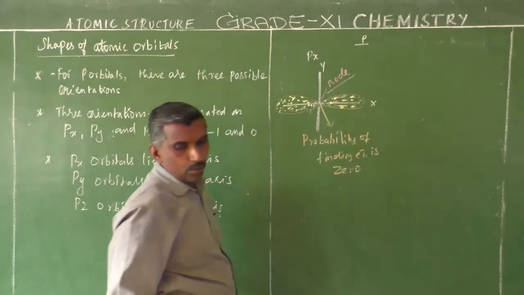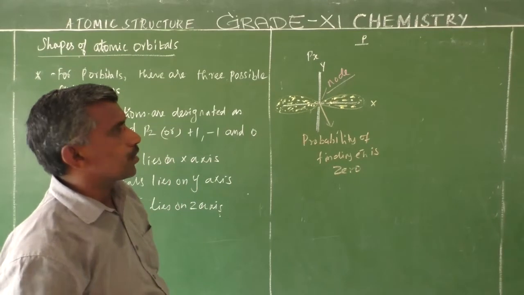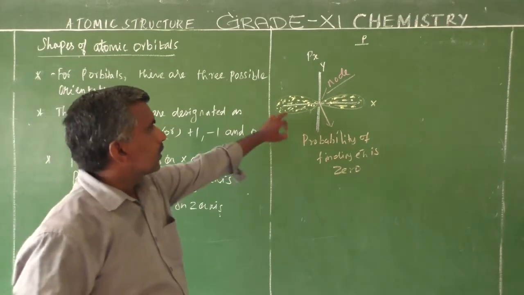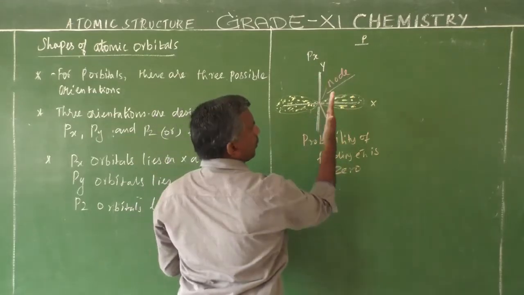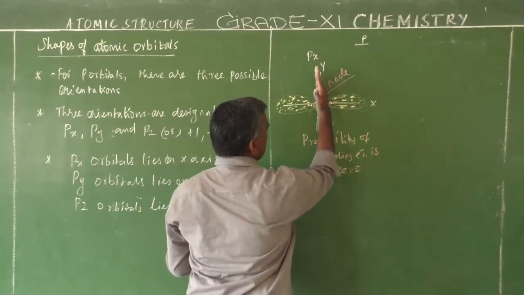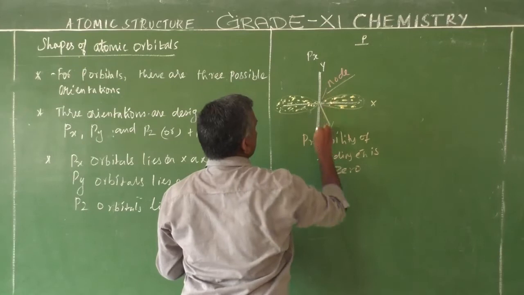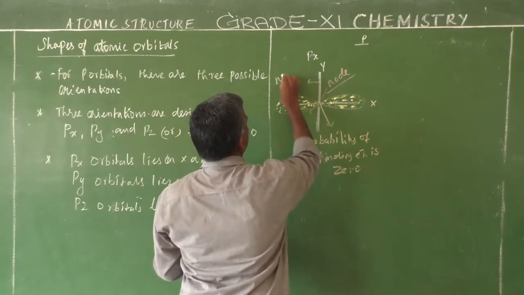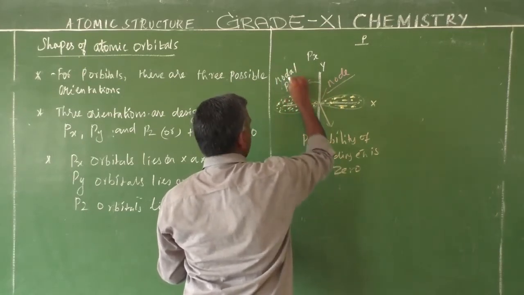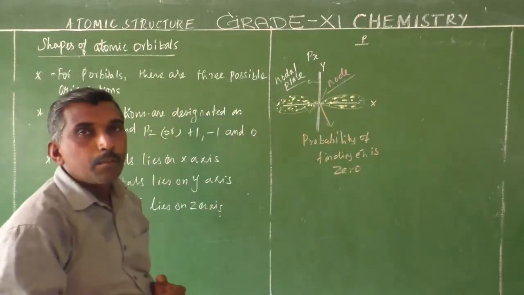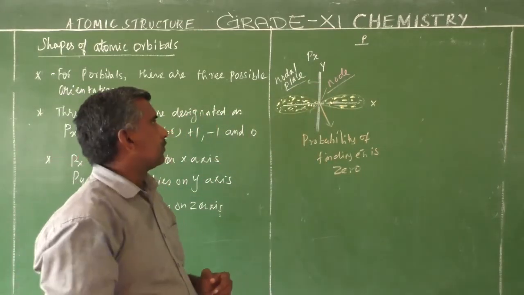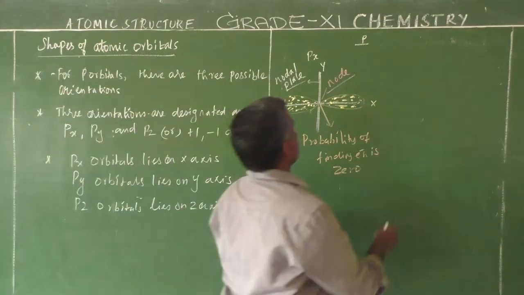The probability of finding an electron is 0, that is known as node. Now you see this plane. This plane is known as nodal plane. Okay, this is the px.